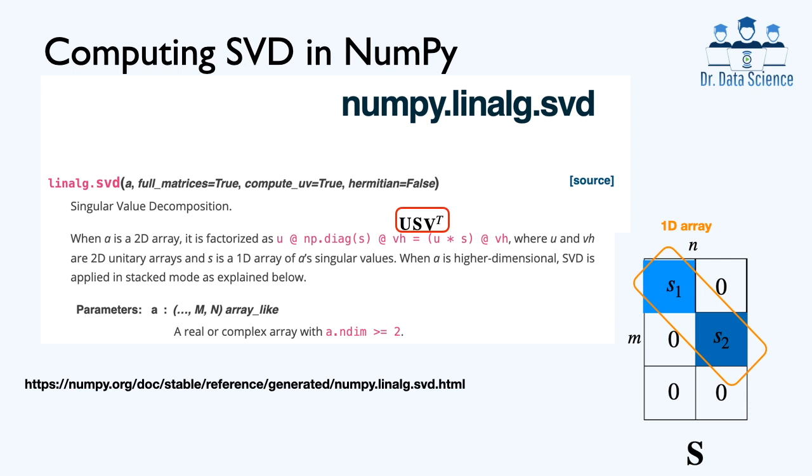And then the only thing that is very important here to remember is that because the matrix S that we talked about in the previous slide is always diagonal, meaning that all the elements on the main diagonal are these singular values and all the off-diagonal elements are zeros, we can simply store the diagonal elements as a one-dimensional array.